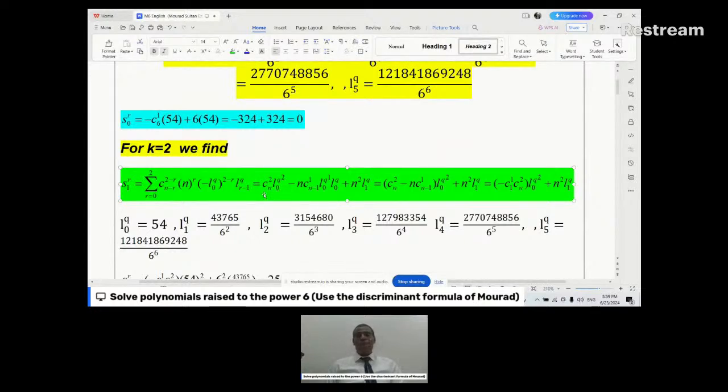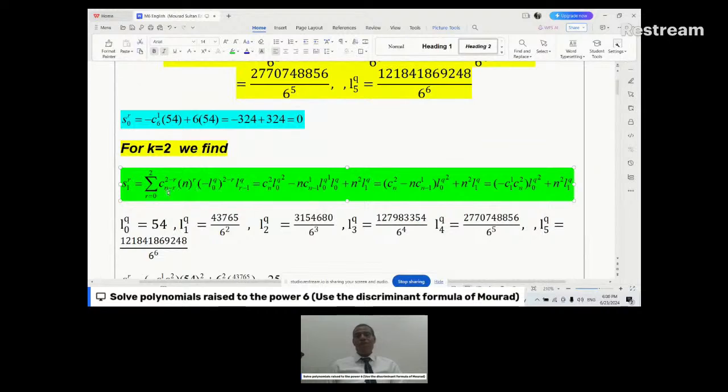Okay, when r equals 0 in the formula, it will be combination n choose 2. Then n raised to the power 0, no need to write it. I'll just write negative L0 of the q raised to the power 2 minus 0, which is 2, and a negative number raised to an even power has to be positive. When r equals 1, learners, it will be n raised to the power 1, so that is n.